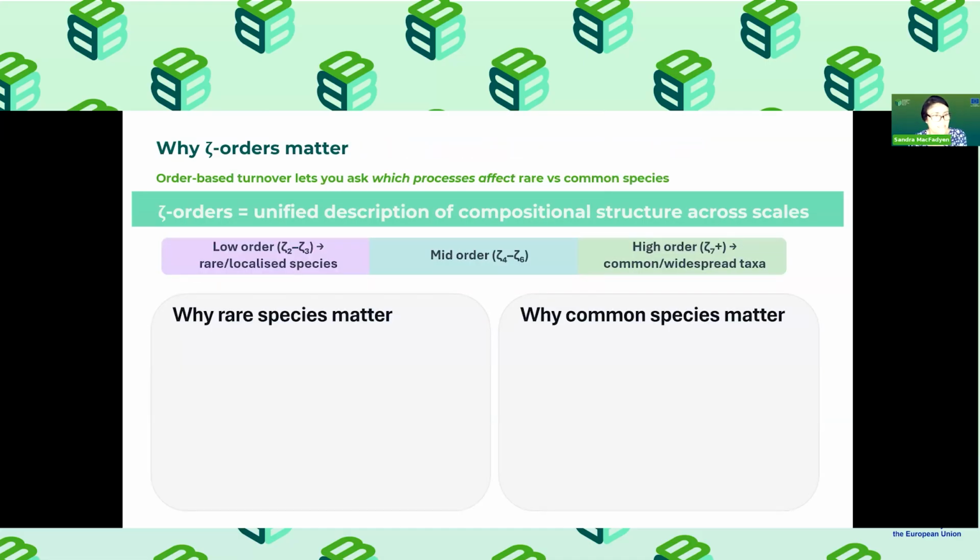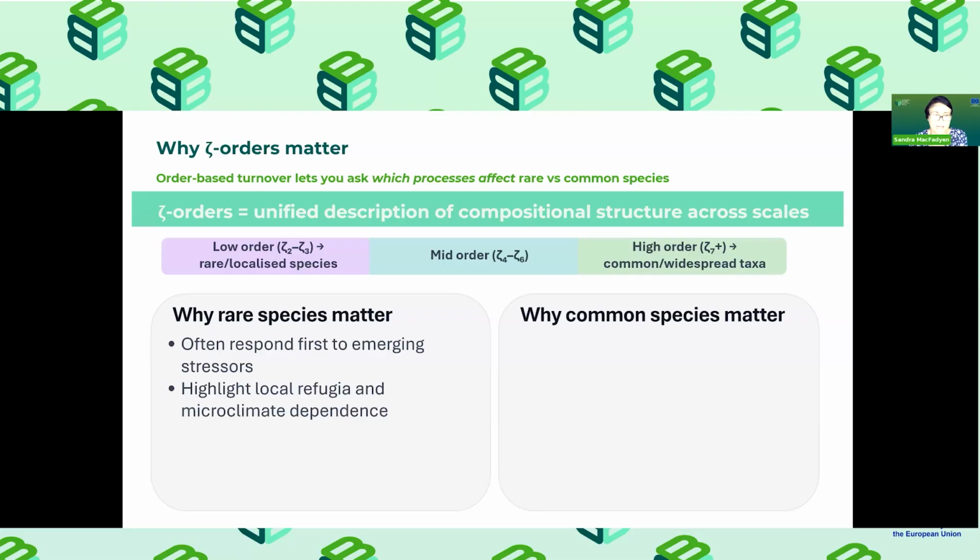So to break this down, as mentioned already, your lower orders represent the rarer localized species, and your higher orders the more common and widespread. But why does this matter? For rare species, as I mentioned, they often respond first to any emerging stresses. So they're your canaries in the coal mine.